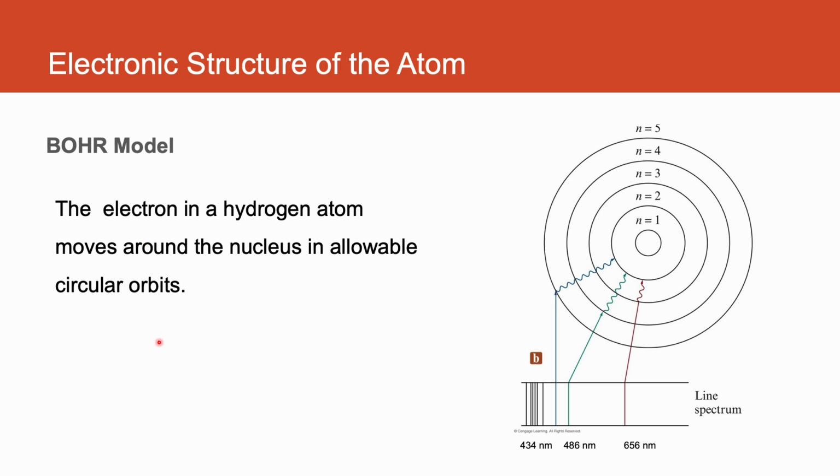So, Bohr's perception is that your electrons move around your nucleus in an allowable orbit, which is not correct, especially for multiple-electron atoms.